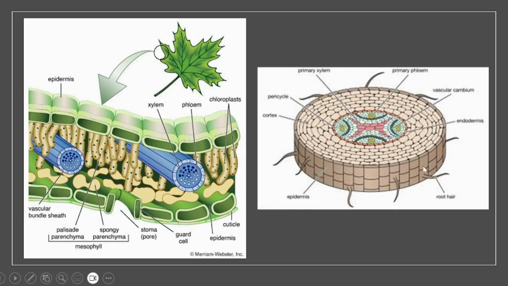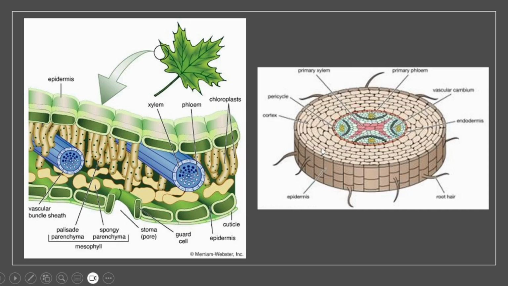Can you identify phloem anywhere here? You have taken the cross section of a leaf here and a stem here. So the leaf is here. Where is the phloem? Inside the vein. I told you inside the vein is xylem as well as phloem. From there, the phloem of the leaf is connected to the phloem of the stem, and from there to the root and so on.